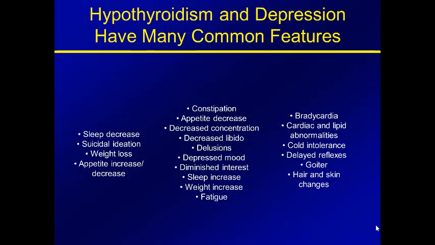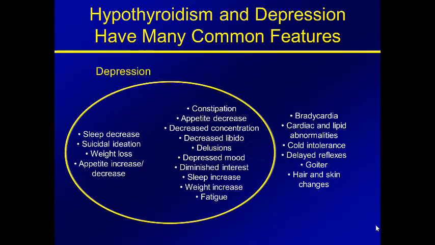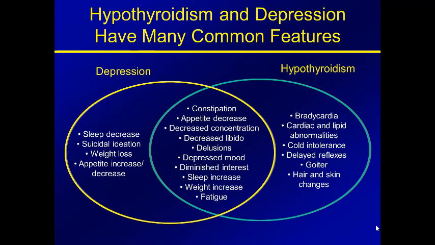A very important point in our clinical practice is to differentiate between hypothyroidism and depression. We have many overlapping features between both. That's depression and that's hypothyroidism. In hypothyroidism, there is bradycardia, cardiac and lipid abnormalities, cold intolerance, delayed reflexes, goiter, hair and skin changes.